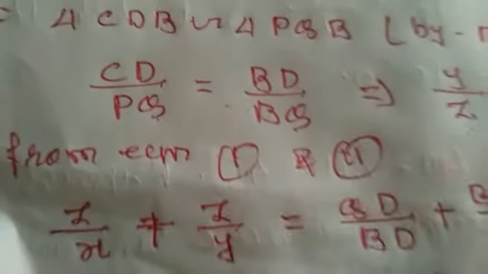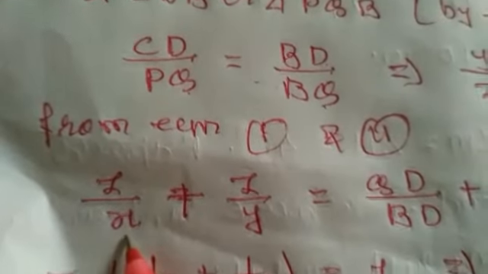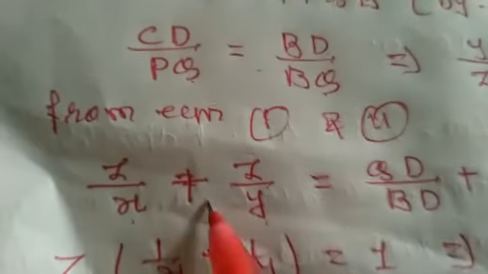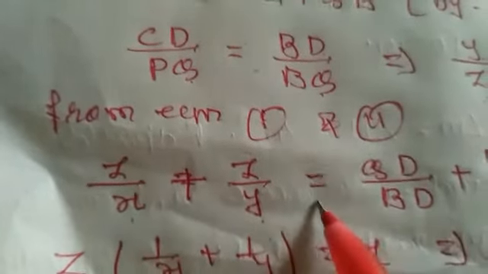Now from equation 1 and 2, we have Z by X plus Z by Y. We are going to add equation 1 and equation 2. So we have to add Z by X plus Z by Y, which is equal to QD by BD plus BQ by BD.